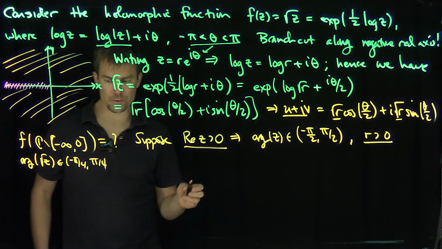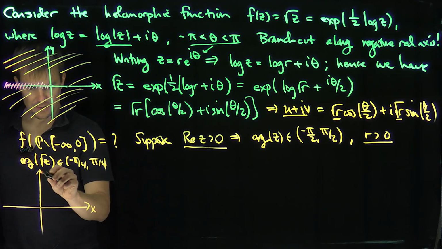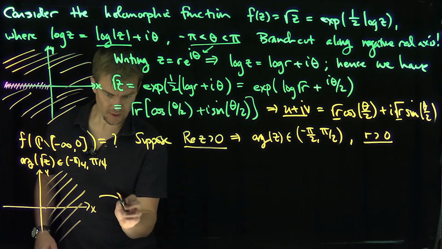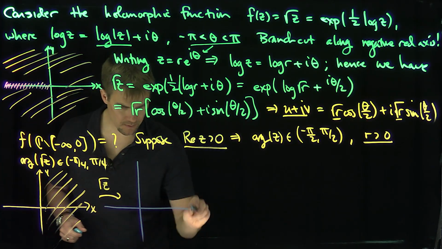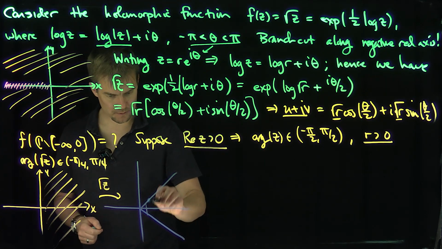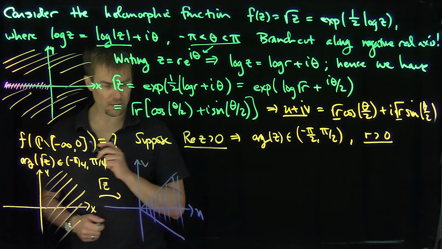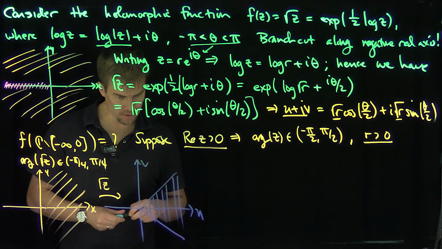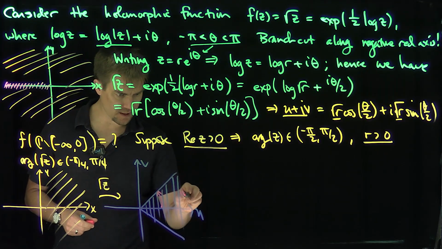So in other words, the square root is taking the right half plane, like that, and mapping it to this sector over here, like that. There's my u and there's my v over there. And this measured angle is exactly pi over 4.